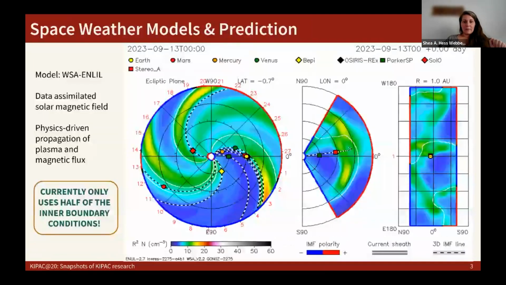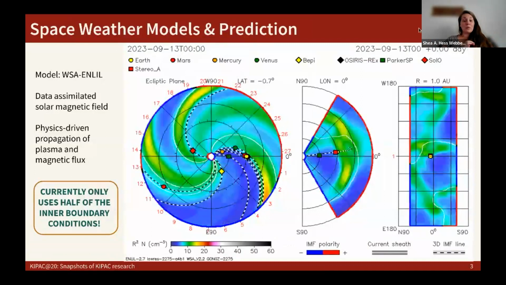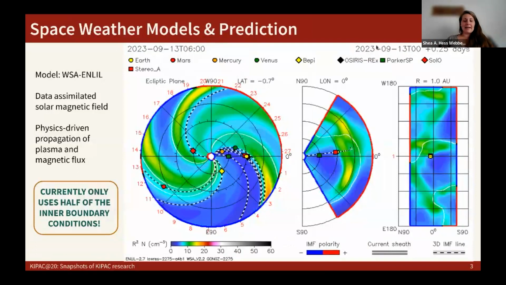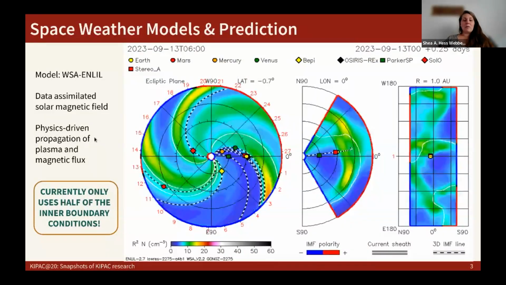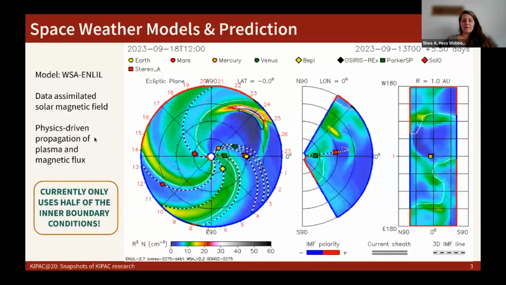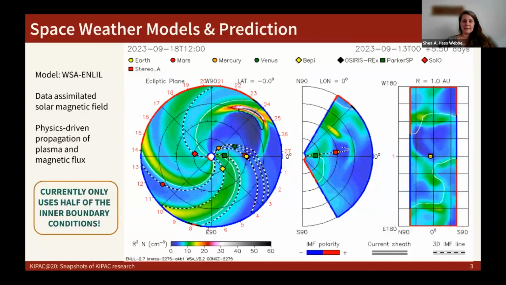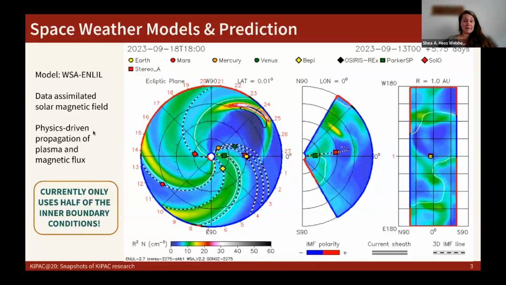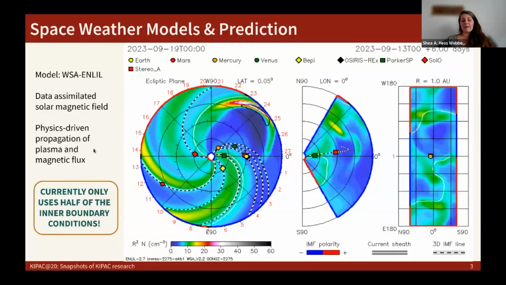Okay, so this is just an example of a solar wind model. The key here is to note that this dot in the center is the sun. The inner boundary condition of this and many other solar wind models like it is the magnetic field of the sun. However, we only have half of the inner boundary conditions.